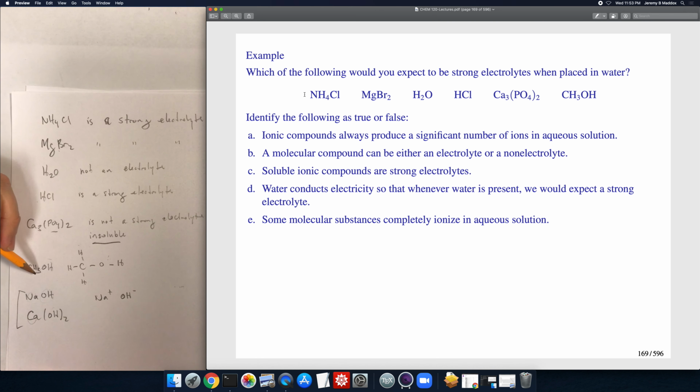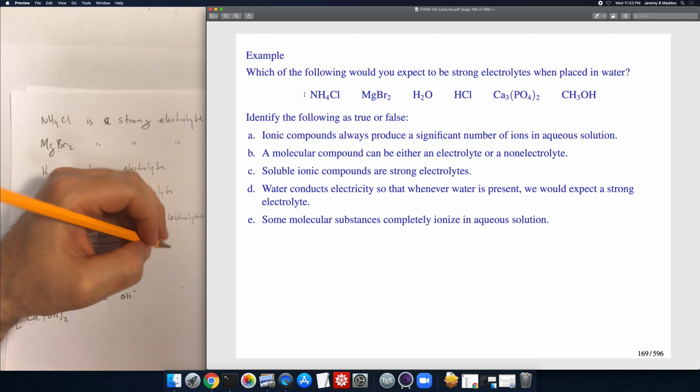Okay, so there's an important distinction between hydroxides and alcohols. Look for the metal. If you see the metal paired up with OH, it's a hydroxide. If you see a bunch of carbon and hydrogen, it's not a hydroxide, it's probably an alcohol. When methanol dissolves, it does not dissociate into ions, so methanol is a non-electrolyte.